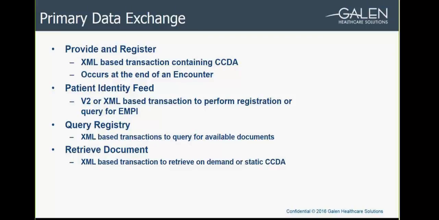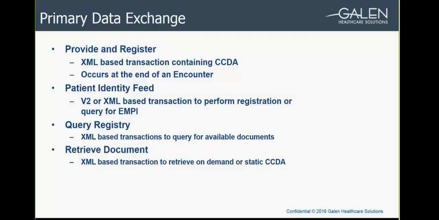When the patient is admitted into the particular facility, a query will go out to find that eMPI from the HIE. If one's found, it will come back and notify the staff that that patient does indeed exist in the HIE. Query registry or ad hoc query, these are XML-based transactions that query for available documents.